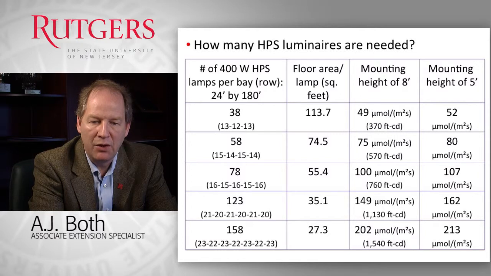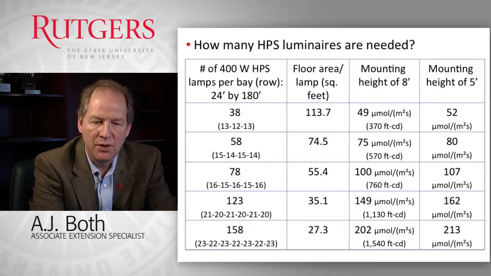And then depending on the light intensity that you're shooting for, in this case I used micromoles per meter squared per second, and also for your reference the foot candle, although again I do not recommend using that unit for plant applications. You can then calculate how many lights you need given a certain mounting height and given a certain required or desired intensity.